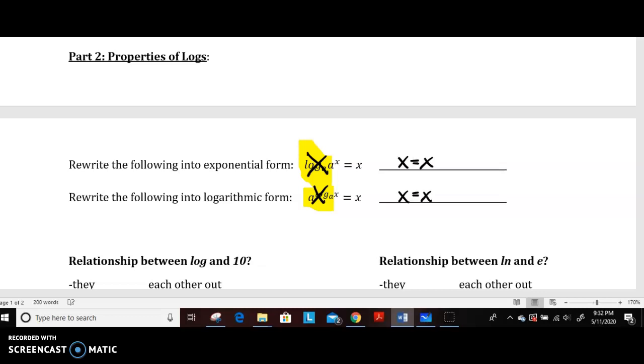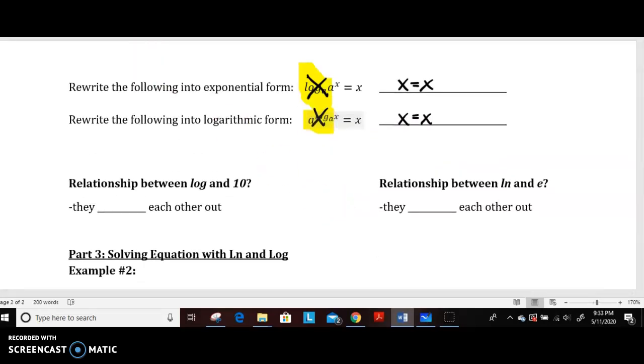So we're going to use this known information that a log with the same base as an exponential cancels out. So what's the relationship between log and 10? Well, we know that this is a common log and my base is 10, so they cancel each other out. With ln and e, we know that the natural log's base is e, so those are also going to cancel each other out.